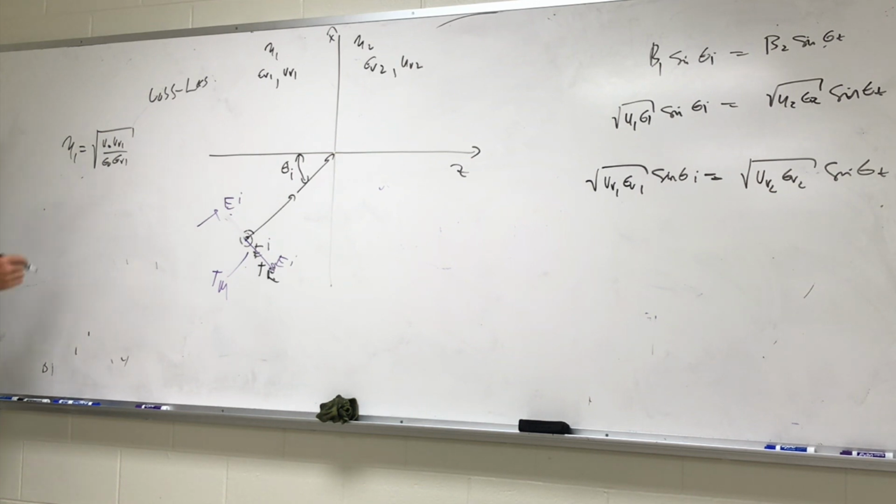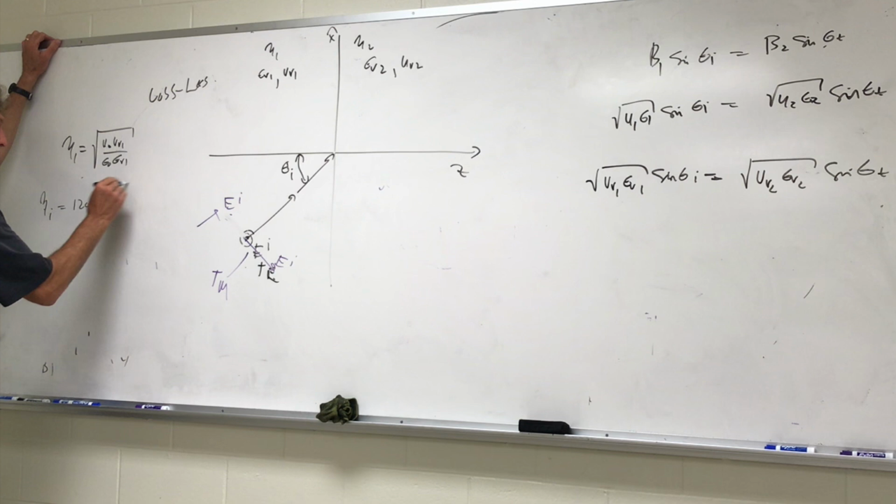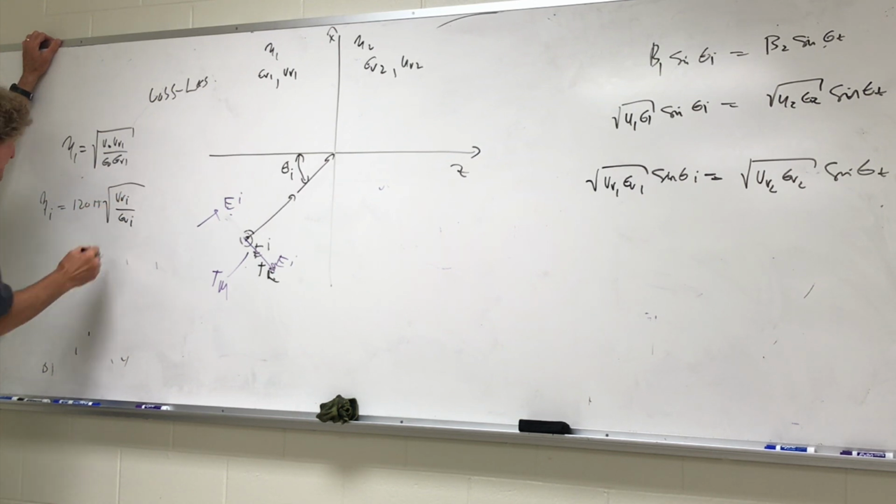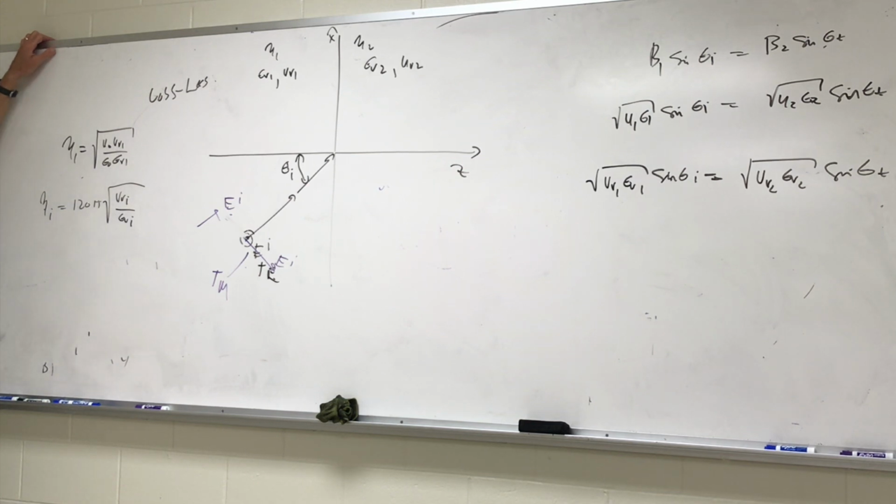In either case, eta in either region, I'll call it i, is going to be 120 pi, because that's the square root of mu naught over epsilon naught. You can pull that out in front, and then it's just the square root of mu relative i over epsilon relative i. So if you want the characteristic impedance in either region, you start with 120 pi, and you just multiply it by the square root of mu relative over epsilon relative for that region.